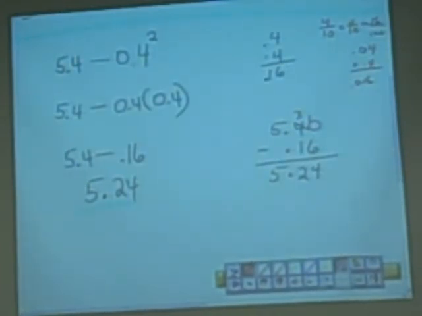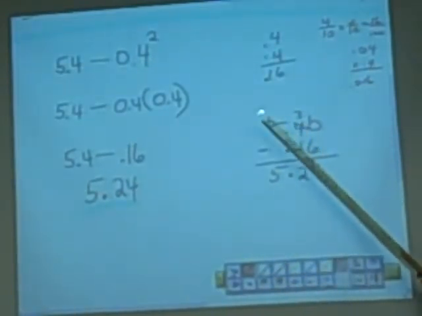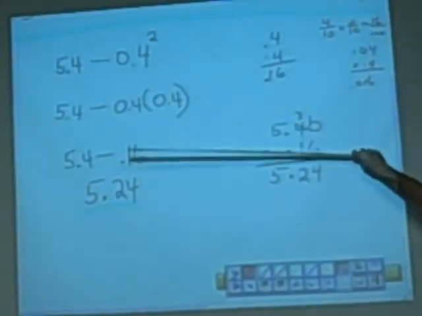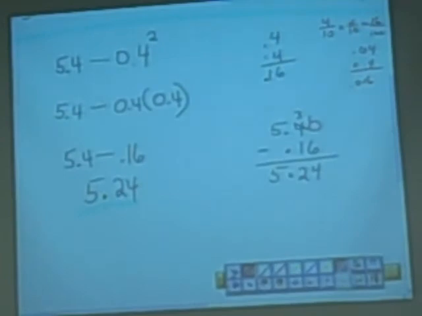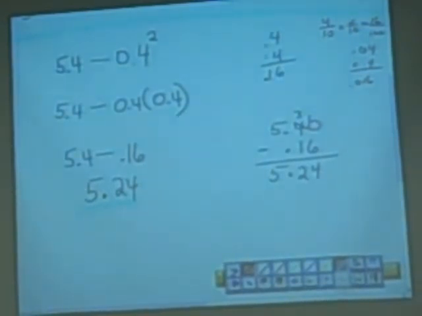So, with decimals especially, you want to keep that process going like what you've been doing with order of operations, with whole numbers, with fractions.